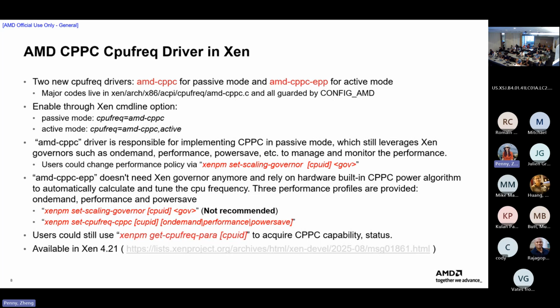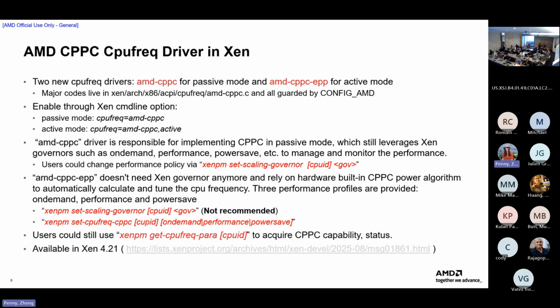We have provided three different performance profiles: on-demand, performance and power save. We have a specific xenpm subcommand, set-cpufreq-cppc, for users to choose their preferred performance profile.